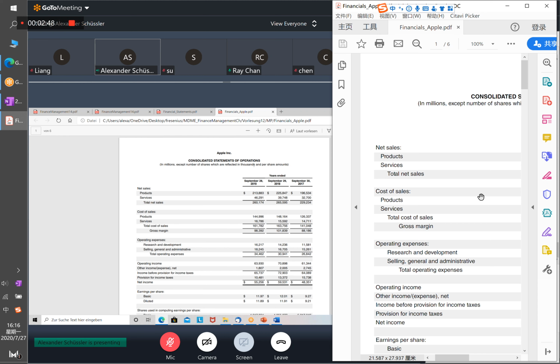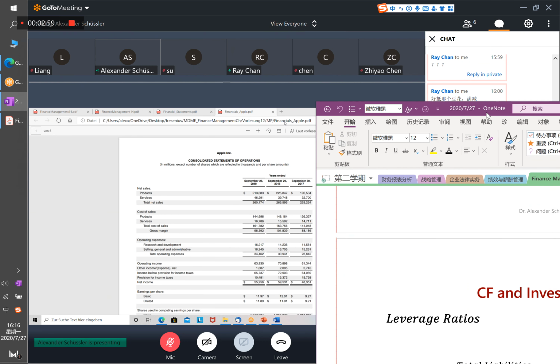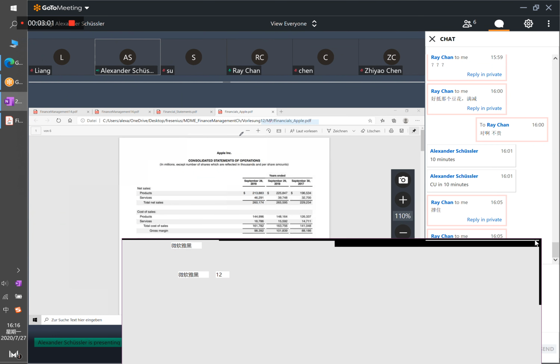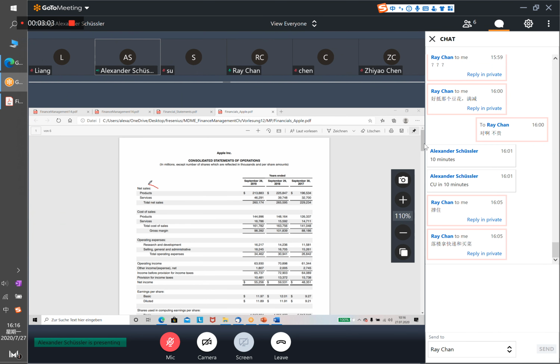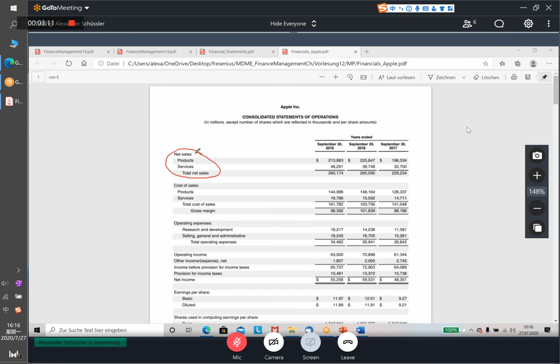But this is the income statement. I don't know why they call it statements of operations, but it starts with the sales, the net sales of products and services. So this is the sales revenue that Apple is generating.